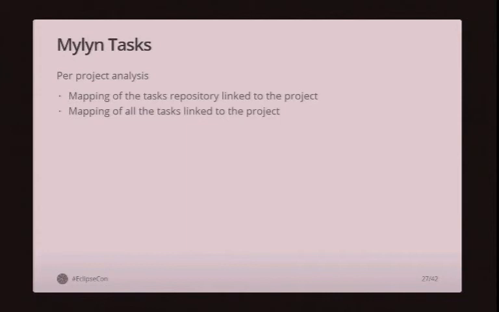The Mylyn Task connector will use the settings of the project to figure out which task repositories are linked to a specific project. We will analyze all the tasks linked to this project. Mylyn Context gives us the ability to link a specific task to a specific technical artifact afterward.